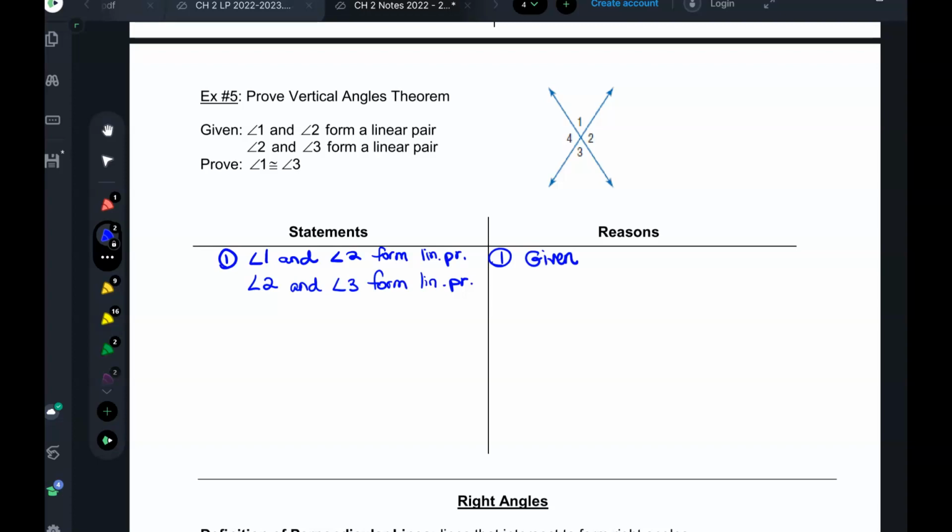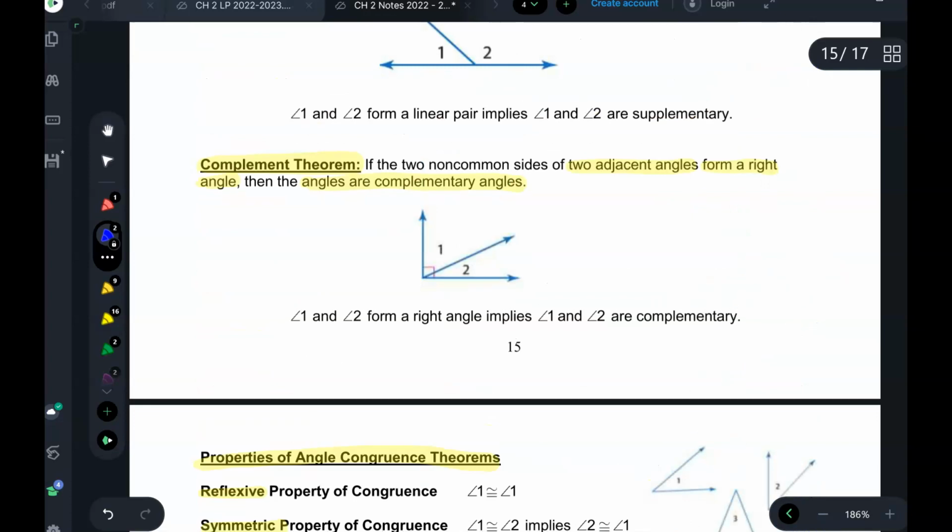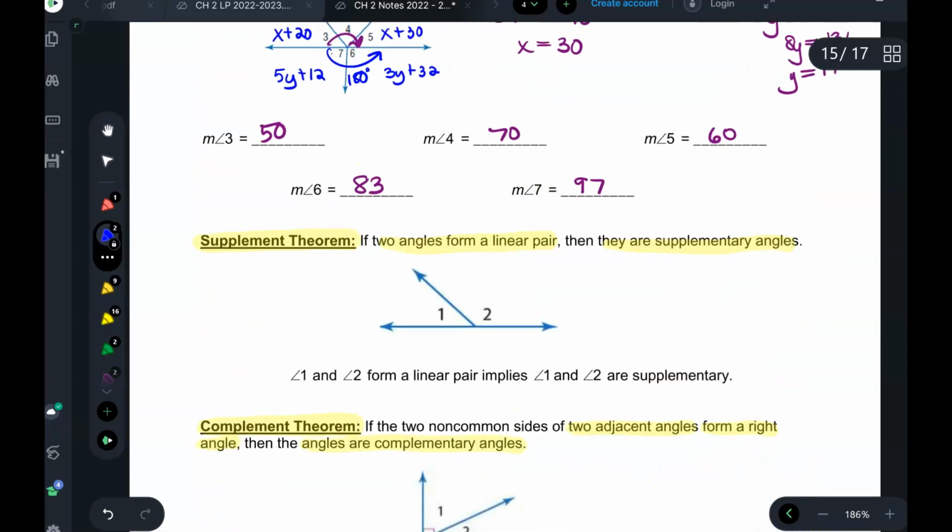Was there anything that had to do with a linear pair? Supplementary. Oh, right here, the supplement theorem. What were we given? We were given two linear pairs. So if they form a linear pair, what can I say about the pair of angles?